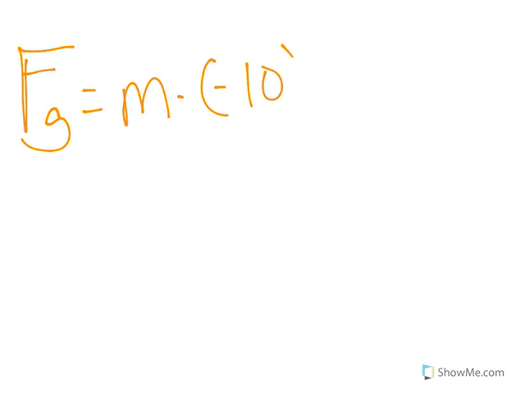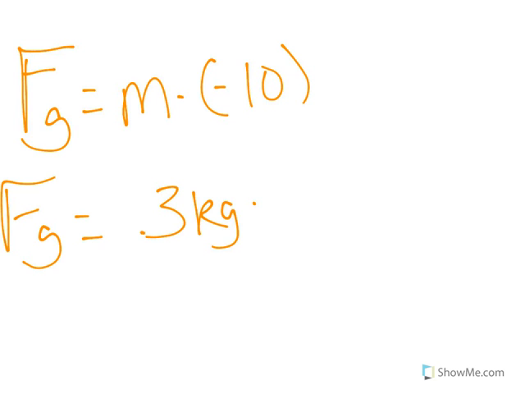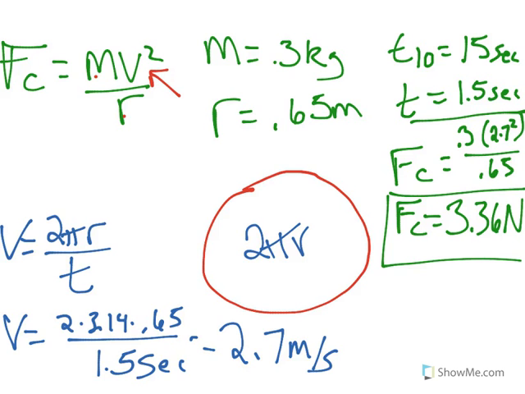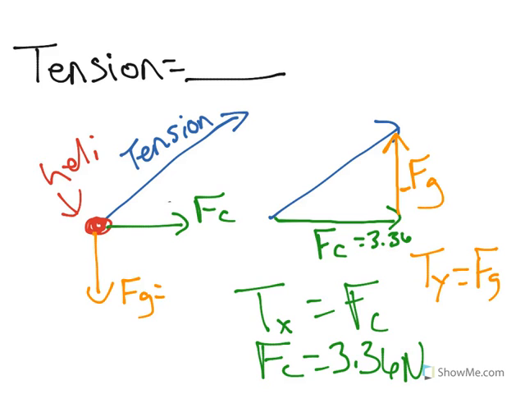So the force of gravity equals 0.3 kilograms times negative 10 meters per second squared, and you would get negative 3 newtons. But our tension in the y is equal to the negative of the force of gravity because it's resisting gravity, so that's equal to just 3 newtons.